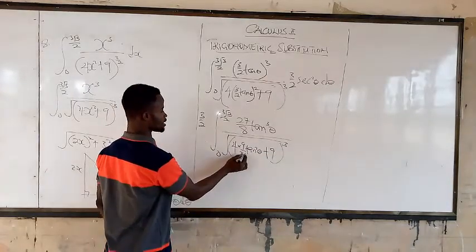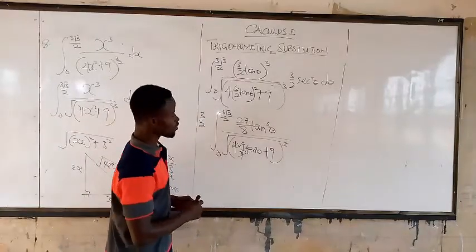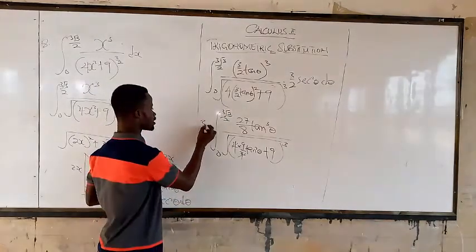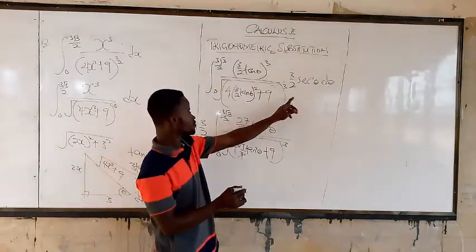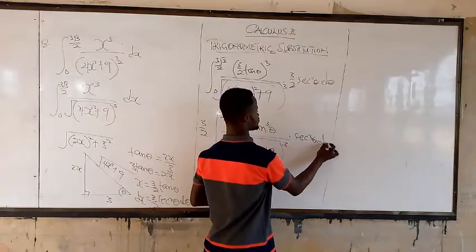So you see this will cancel this. Take your time and do it. We have already factored the 3 over 2 out. So here is sec squared theta d theta.